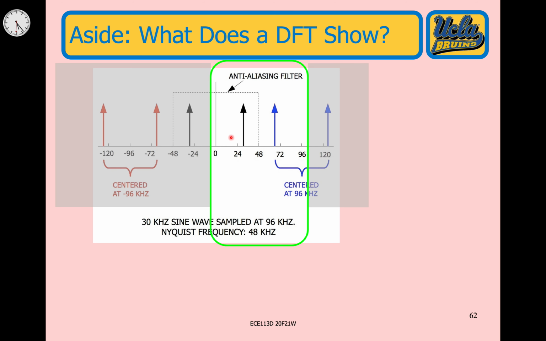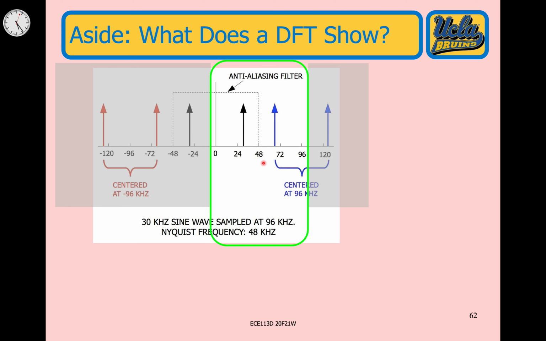So I'm just going to ask, in an aside, when you take a DFT, what does it show? It doesn't show the spectrum centered on 0. It shows these two peaks. This peak is the plus frequency portion of the spectrum centered at 0, and the blue one here is the negative frequency portion of the spectrum that is centered at 96.